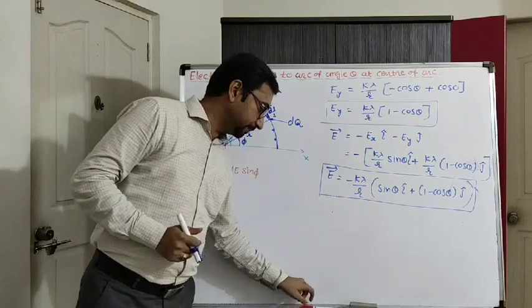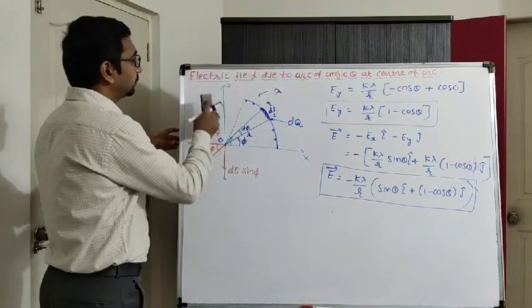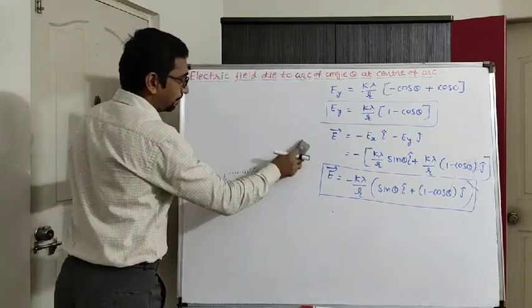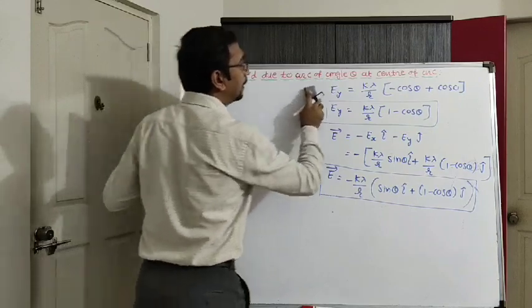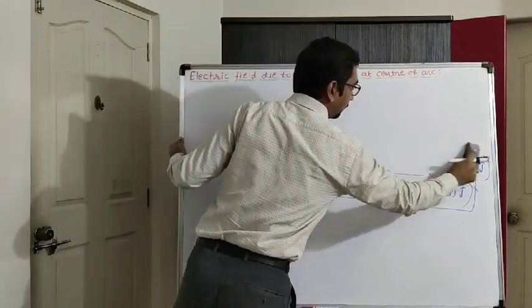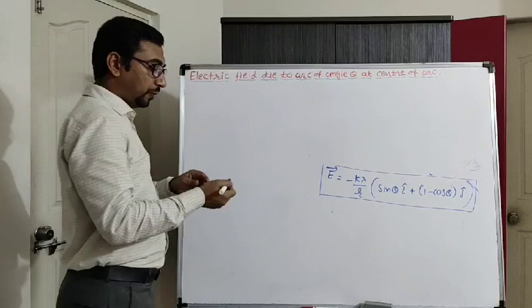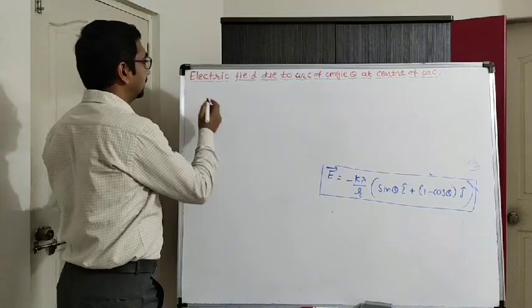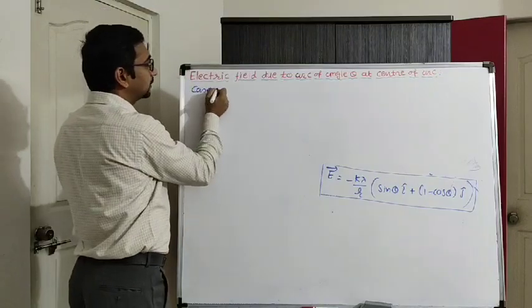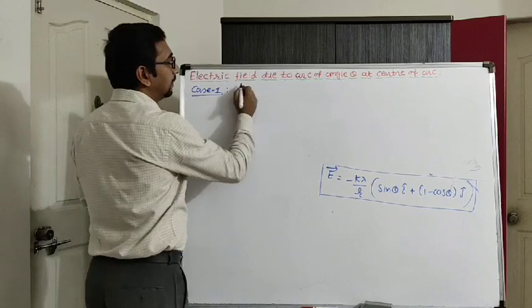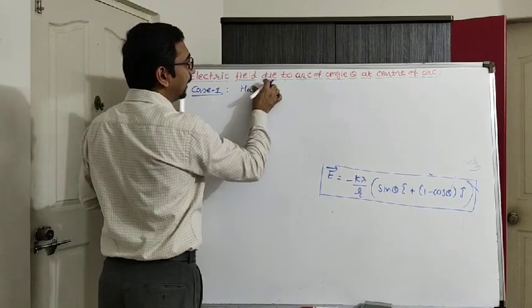For example, case 1: the first case we'll take is for a half circle.